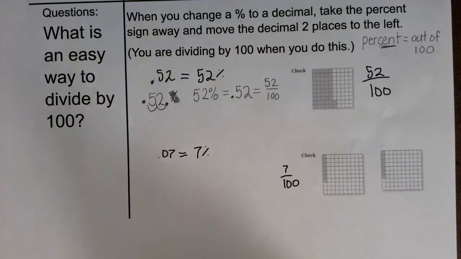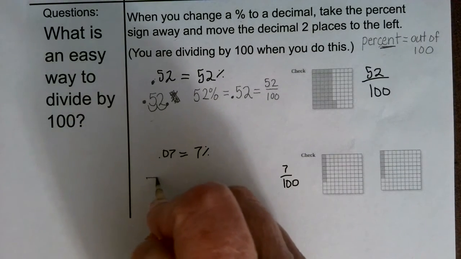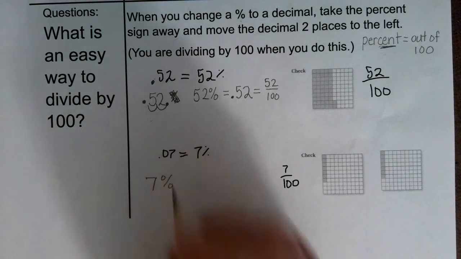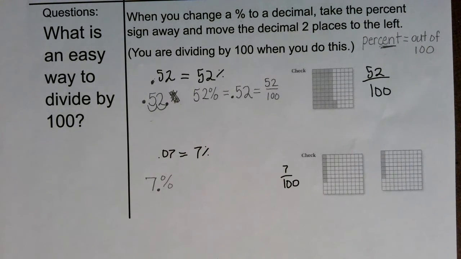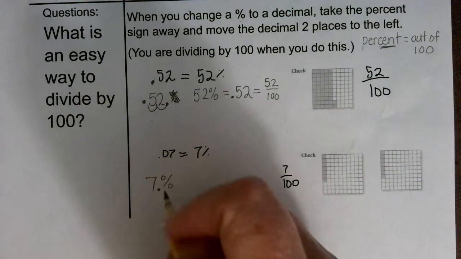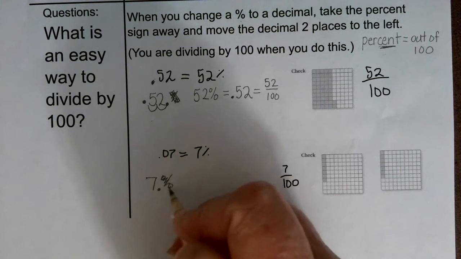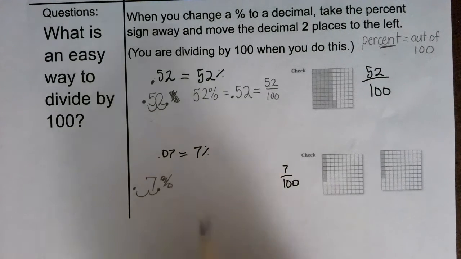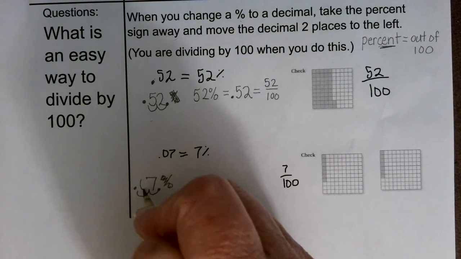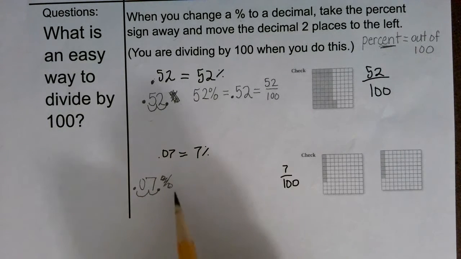Same thing with 7%. So we start with 7%. That decimal point is really after that 7. If you don't see a decimal point, that's where it is. We take the percent sign off, and then we move the decimal point back 2 places. When there's not a number there, we've got to put a 0 in to show that we've moved it 2 places.